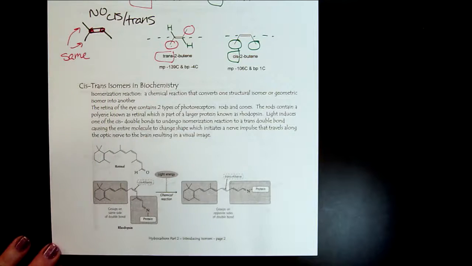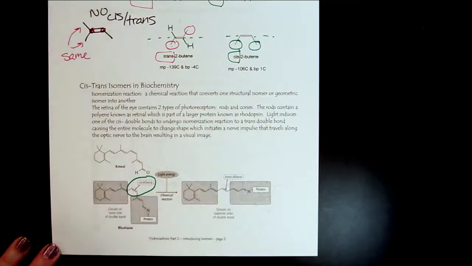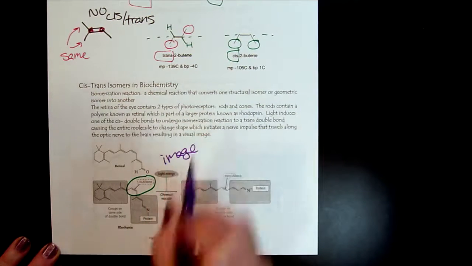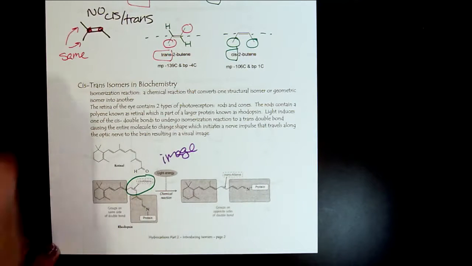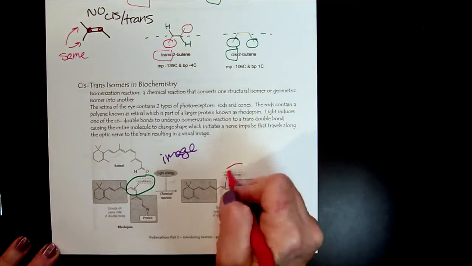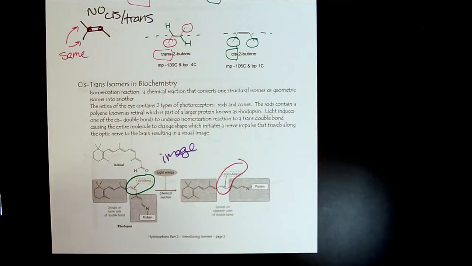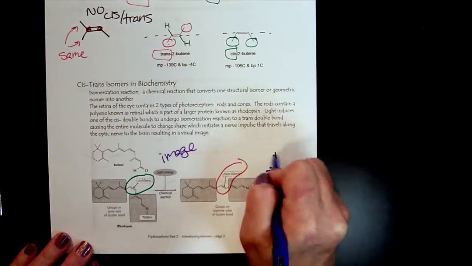This rhodopsin is a compound that's part of our vision, and right here we can see that there's a cis double bond, and when the light energy, the image that we want to see, brings in light energy, there's a chemical reaction that converts this double bond to a trans double bond, and through that rotation it triggers the nerve impulse.